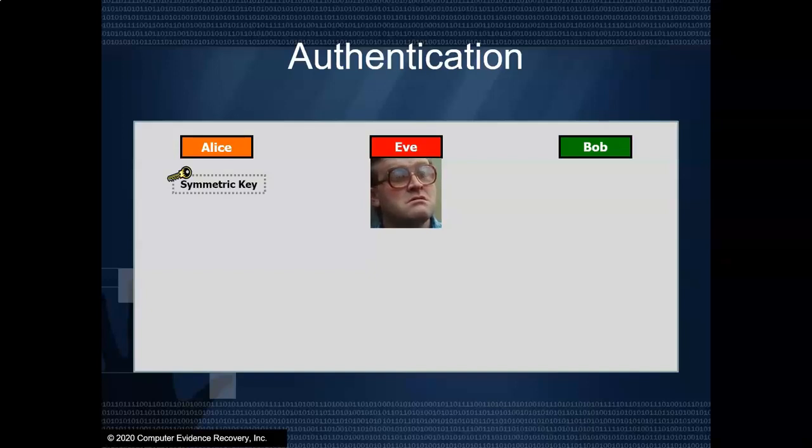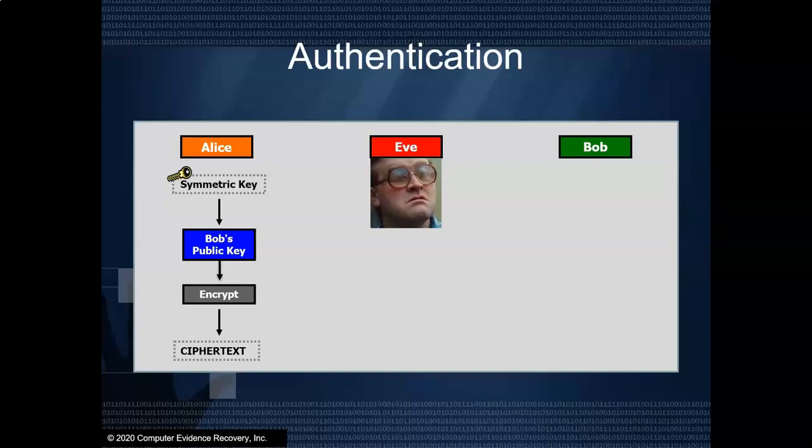So, Alice has the symmetric key. Bob doesn't have the key. He needs to get that key so he can decrypt a message. Alice takes that symmetric key and she encrypts it using Bob's public key. Where did she get Bob's public key? Well, it's public. Everybody's got it, including Eve. She encrypts the symmetric key with Bob's public key and she gets ciphertext.